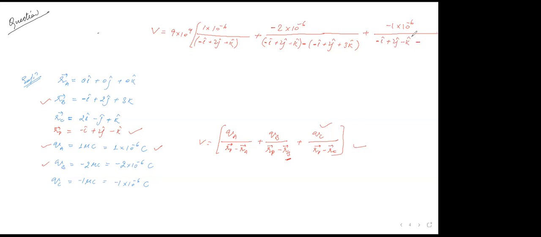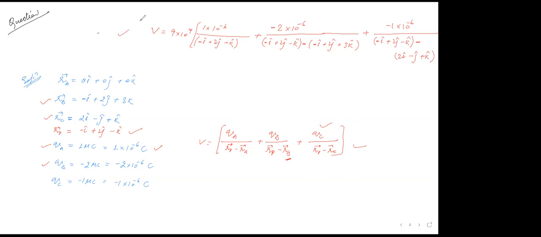In bracket, we write RC. RC is 2I cap minus J cap plus K cap. Is it clear, Nawal and Matthew? This equation is clear? Clear, sir.